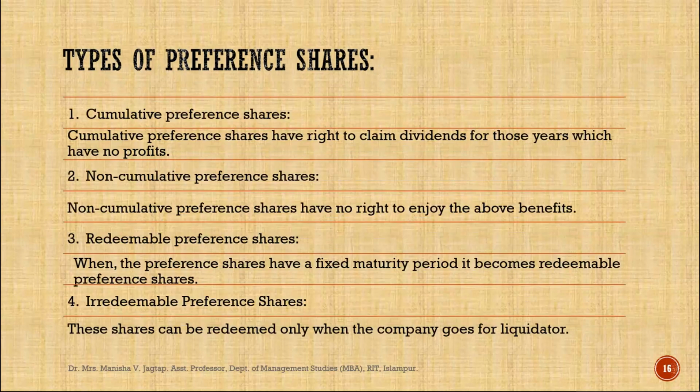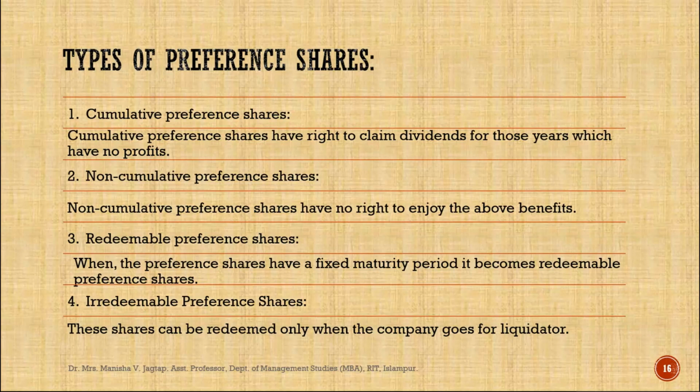First is cumulative preference shares. Cumulative preference shares have the right to claim dividend for those years which had no profit. If the company is unable to earn profit in any one or more years, cumulative preference shareholders are unable to get any dividend, but they have the right to get the cumulative dividend for the previous years if the company earns profit.